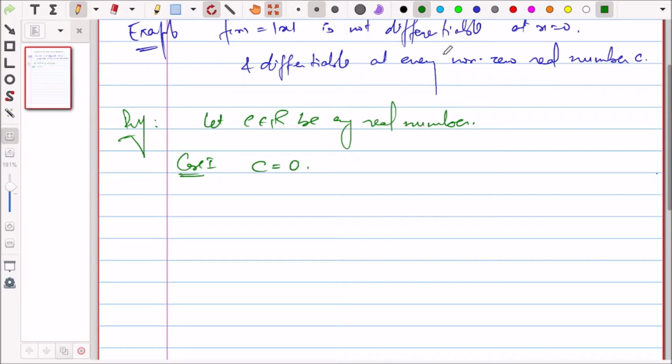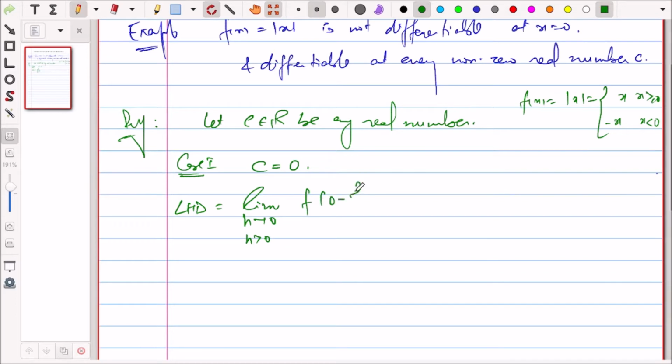So f(x) equal to mod x, if we define it, this is x when x is greater than or equal to 0 and minus x if x is less than 0. Keep this in mind. Now what will be our LHL? LHL will be limit h tends to 0, h positive, f of (0 minus h) minus f of 0 upon minus h.